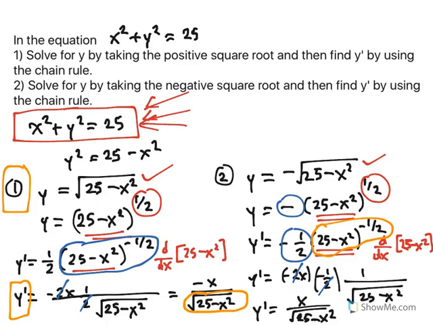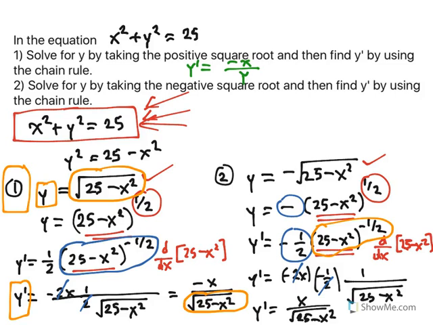And of course, if you look at what we have for number 1, the square root of 25 minus x squared is y. So I can replace that with y, and for number 1, I can write y prime is equal to negative x over y.